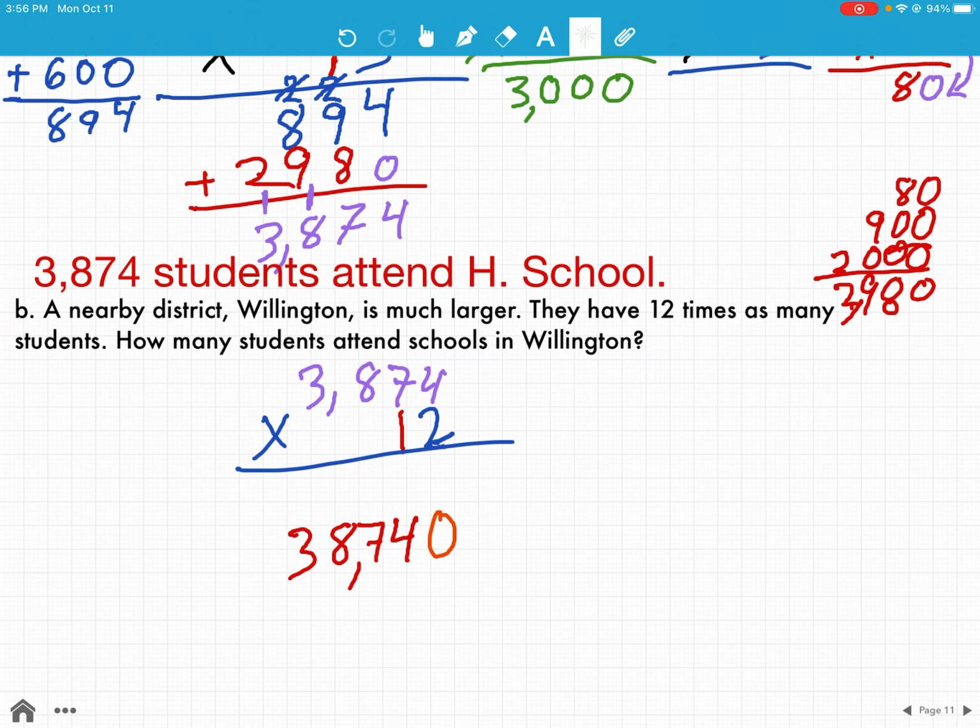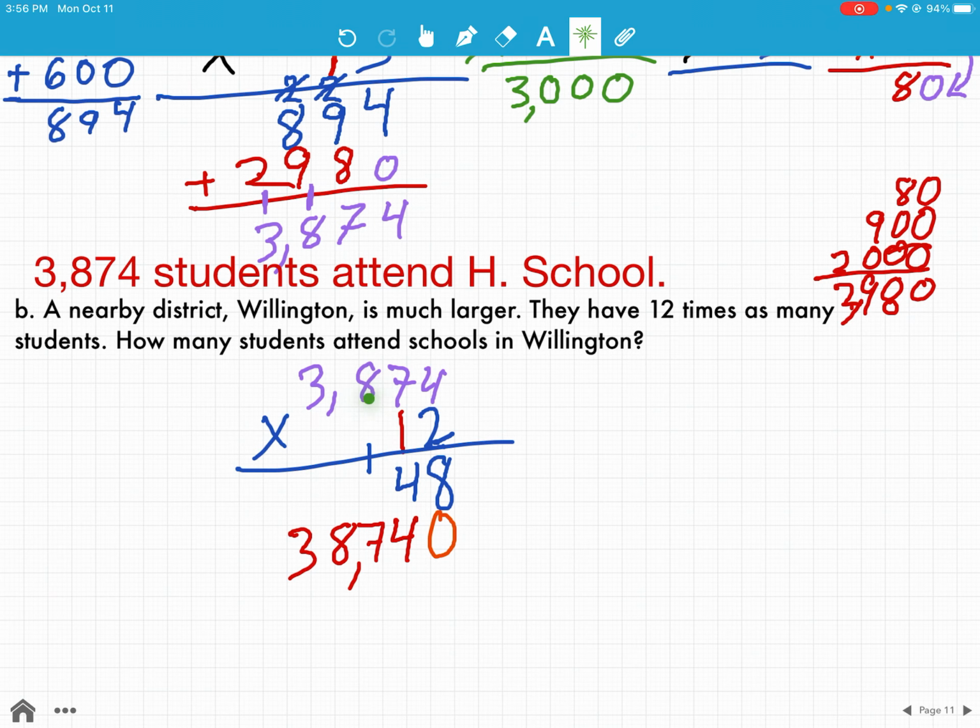So now I have 2 times 4, which gives me 8. Then I have 2 times 7, which gives me 14. So I'm going to put a 4 there, and it's really 140. And I'm going to multiply 2 times 800 and then add 100.